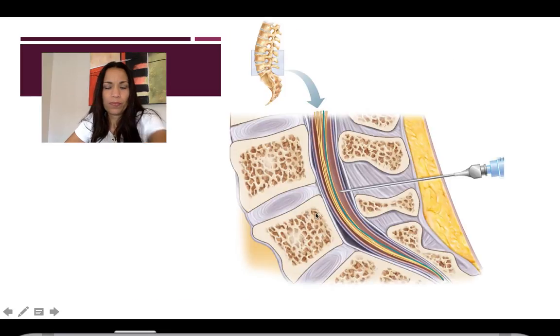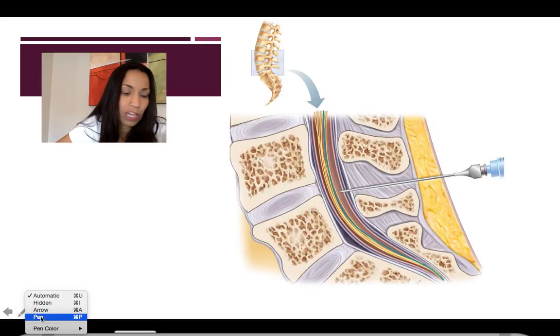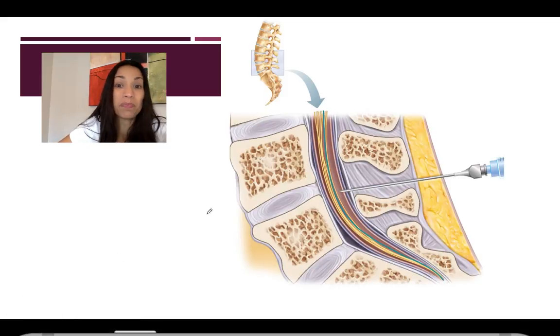Now, if you want to perform a spinal tap, the purpose of the spinal tap is to introduce the needle into the subarachnoid space, not into the epidural space. So you're going to go a little bit deeper because you want to get a sample of cerebrospinal fluid to test for tumors, for infections, meningitis, etc. And for that, look at the layers that you're going to pass.